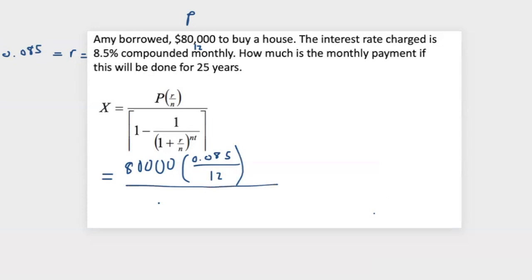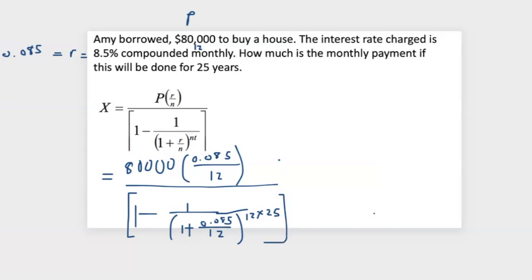Then in the denominator, I am going to have 1 minus 1 over 1 plus R over N, so that's 0.085 over 12. And NT, so N is how it's compounded, 12. And T is the years, it said 25 years.